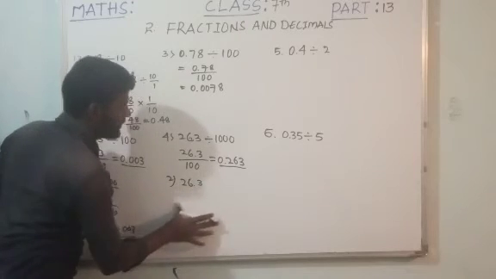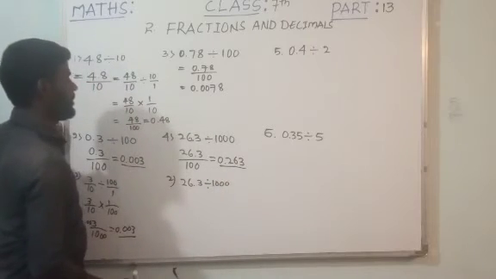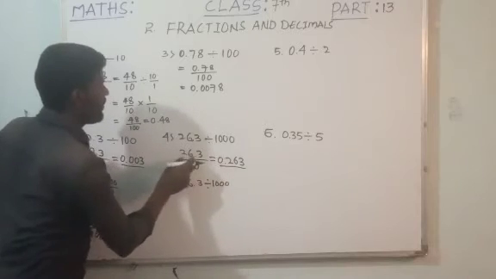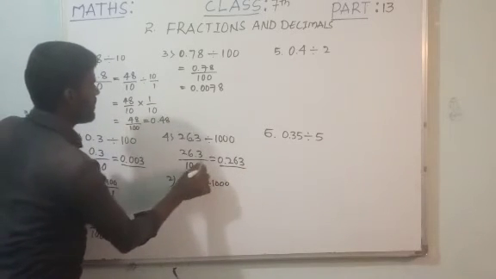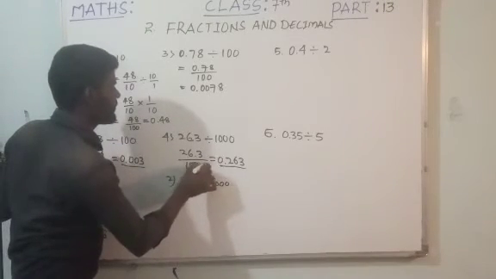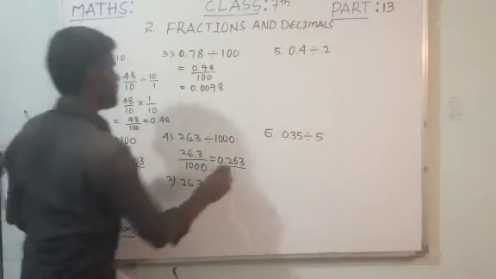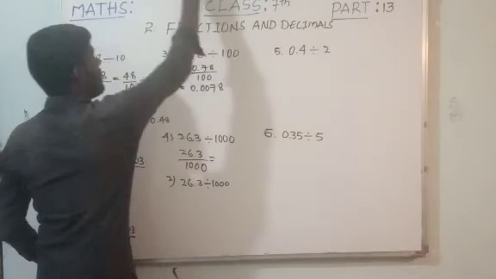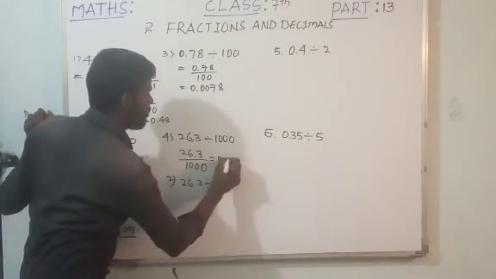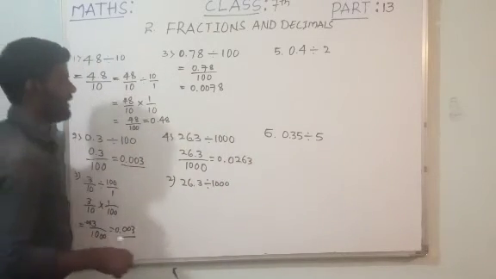I will write it directly. 1000, 1 2 3 zeros are there. Since three zeros, we move three places, and the answer is 0.0263.